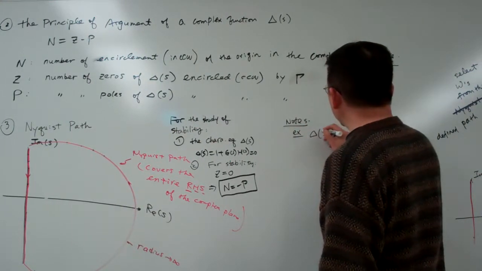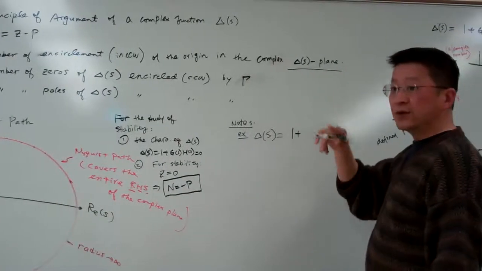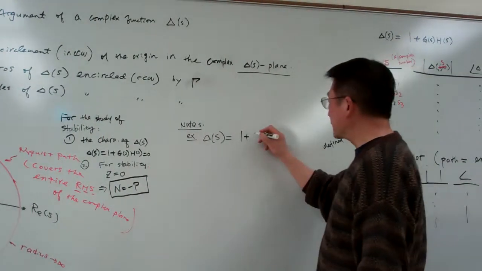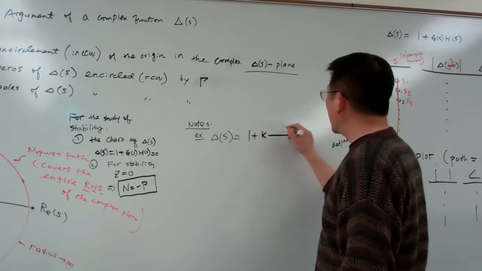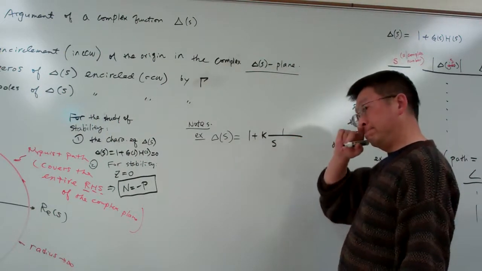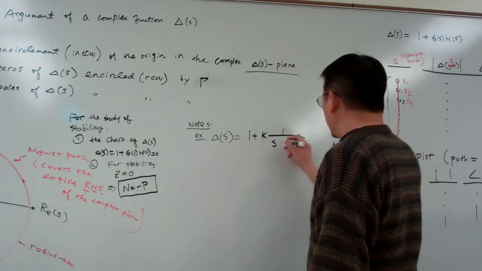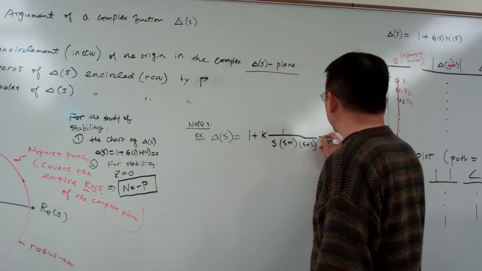Let me make up one: delta S will be equal to 1 plus, let me make it an explicit function, K over S, S plus 1, S plus 2, equal to 0.